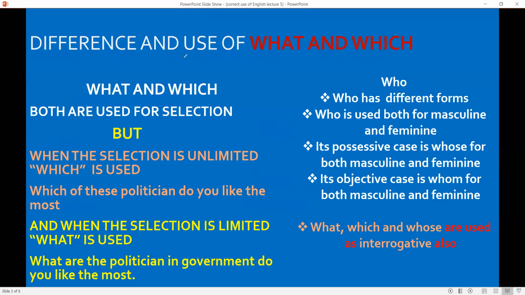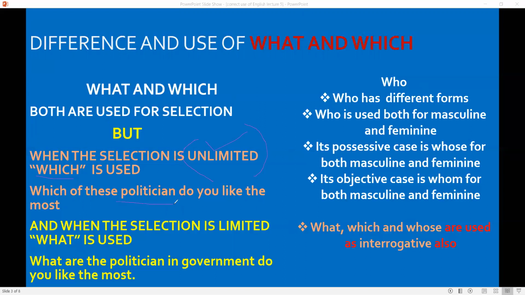Now we will see the difference and use of what and which. What and which both are used for selection. When we want to select from a group of persons, when we want to single out some person, these words are used. But when the selection is unlimited, which is used. Which of these politicians do you like the most?